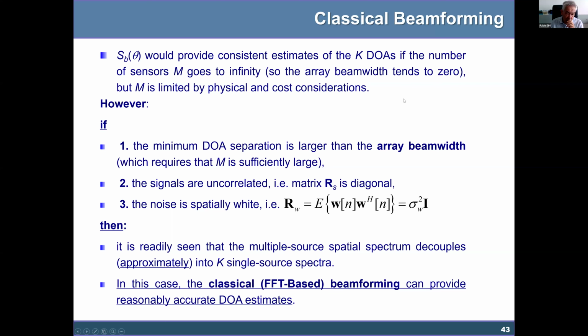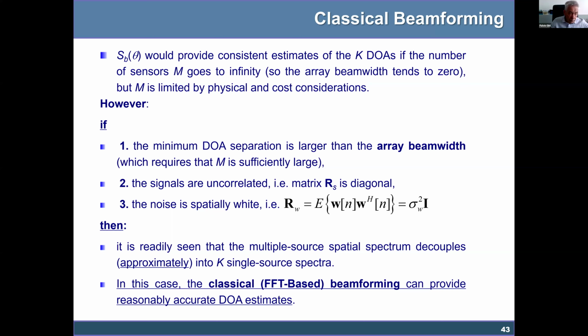But if you understood where the bias comes from, we can conclude that the classical beamforming can provide, under some conditions, a consistent estimate.